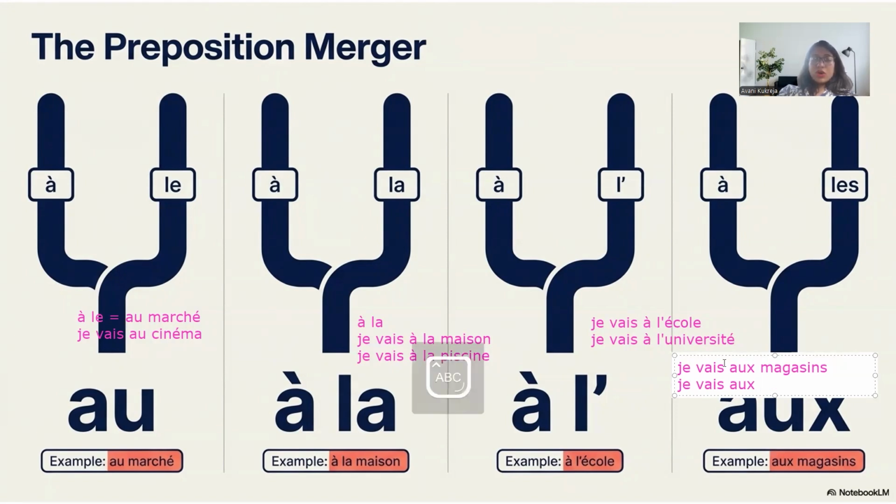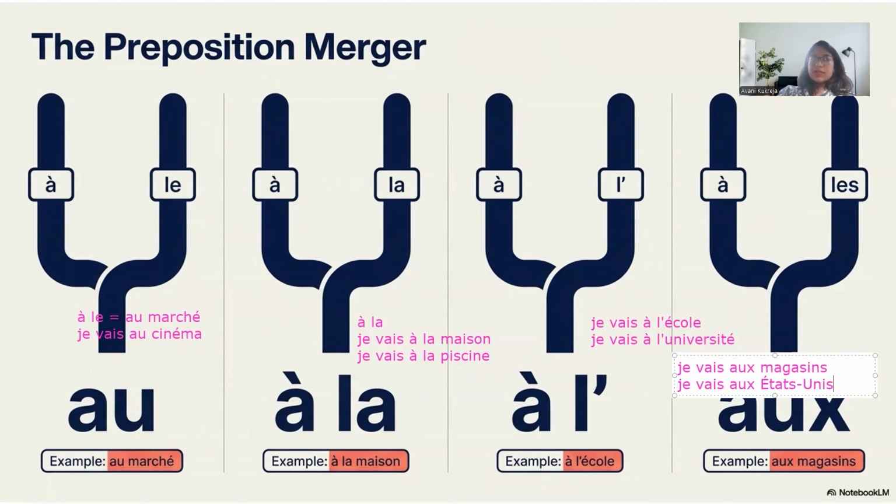Je vais aux États-Unis. États-Unis in French is United States of America, and this country is plural. We'll also do countries and nationalities very shortly, in the next to next class. Je vais au magasin, je vais aux États-Unis.